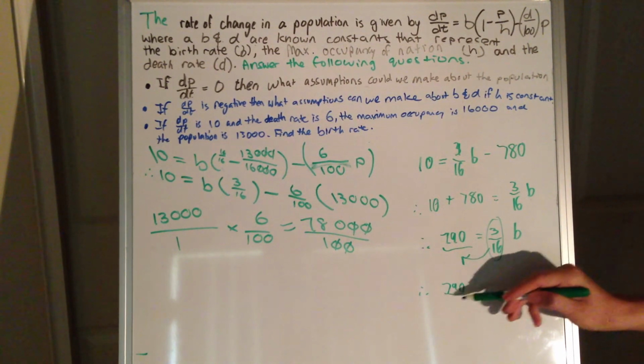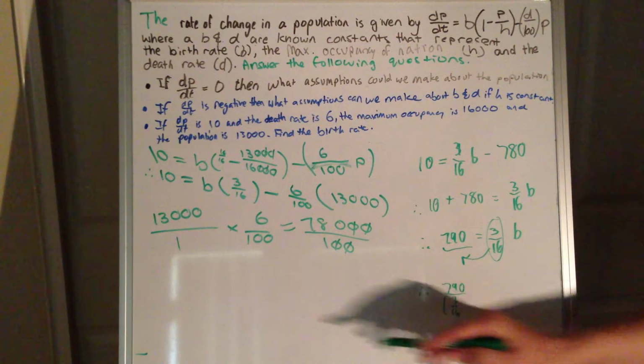So we get 790 divided by 3 over 16, and hopefully it hasn't gone off the board.